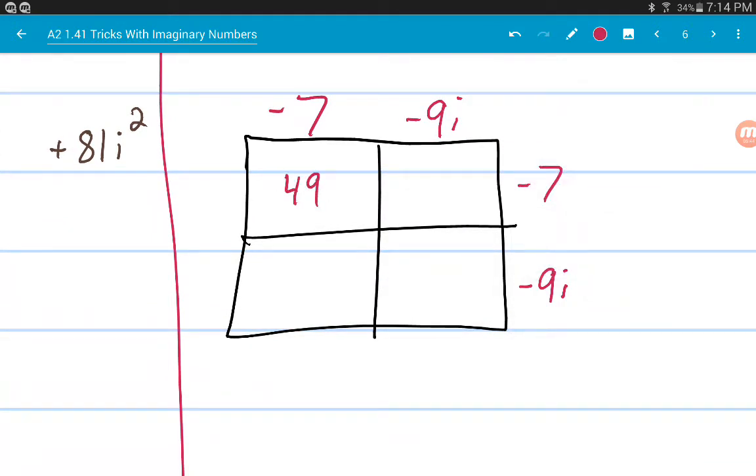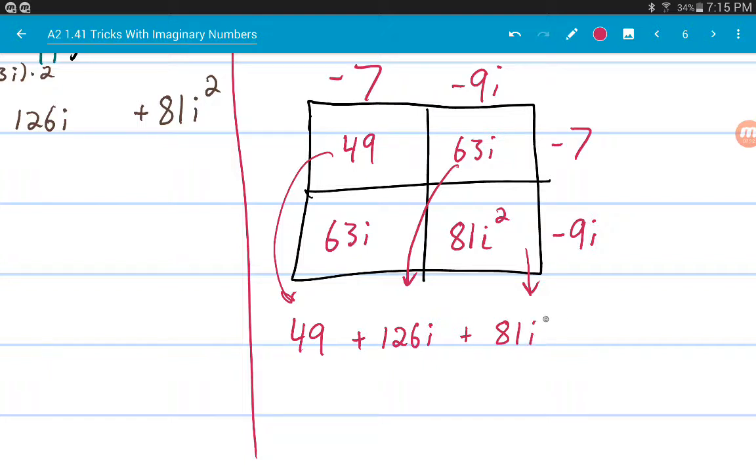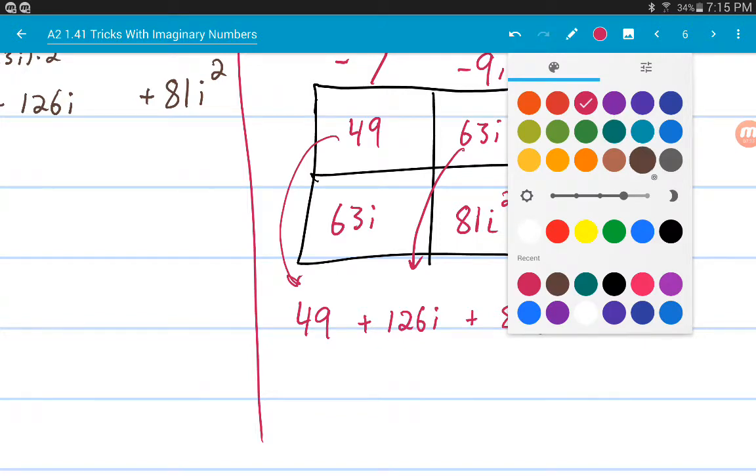This is going to be 49, 63i, positive 81i squared, and on the bottom left we get positive 63i again. When I bring these out, I get 49 plus 126i plus 81i squared. i squared can be simplified.